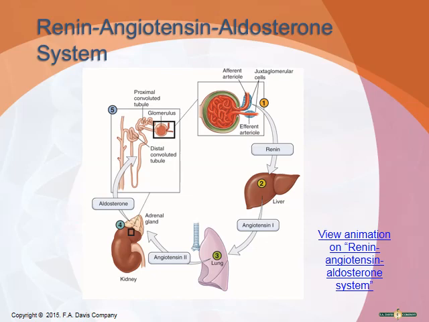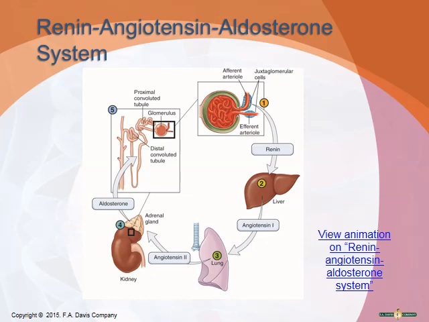So the meds, ACE inhibitors, block the enzyme that converts 1 into 2, and ARBs, angiotensin 2 receptor blockers, block the receptor for angiotensin 2, so therefore no vasoconstriction, therefore no aldosterone. Pretty interesting. But RAA is our body's way of regulating blood pressure, therefore regulating essentially glomerular filtration rate.